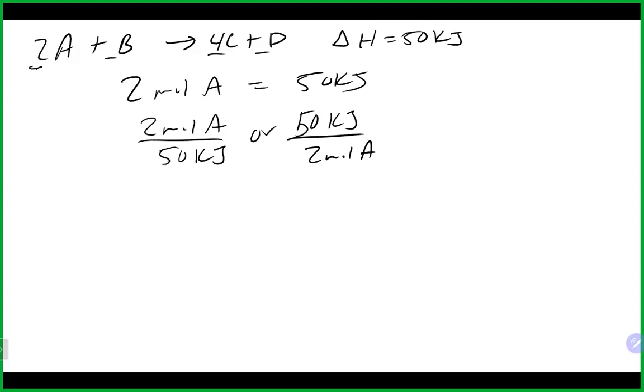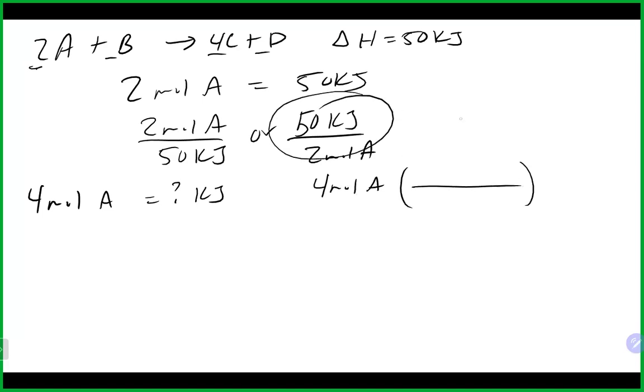So for example, if we were doing 4 moles of A and wanted to know how much energy we would get, we could just set it up as a dimensional analysis problem. 4 moles of A, opposites cancel. We're going to go with this guy here. So 50 kilojoules per 2 moles of A. We get that from the equation, almost just like stoichiometry, essentially.